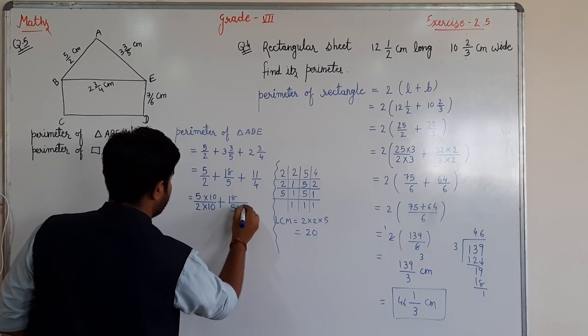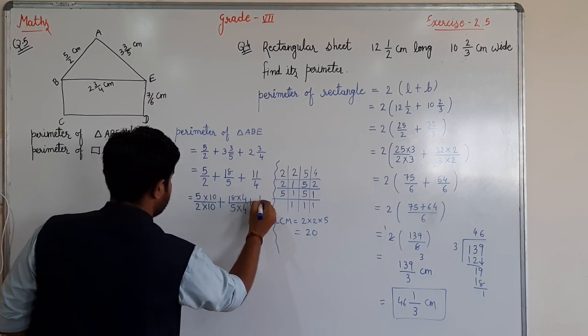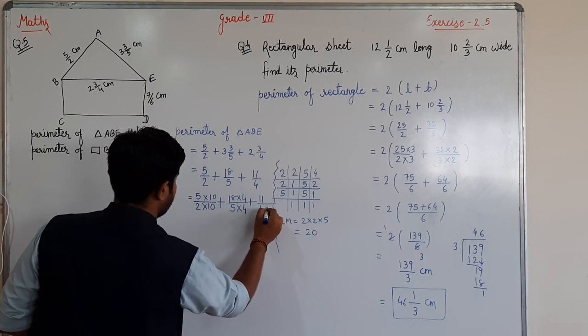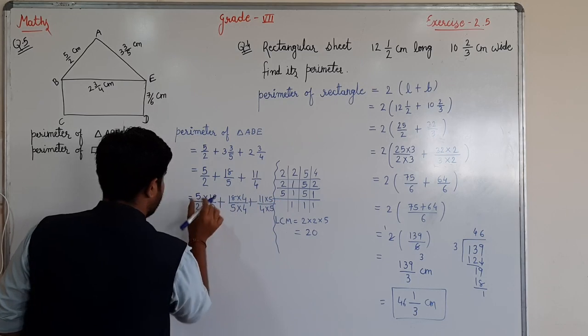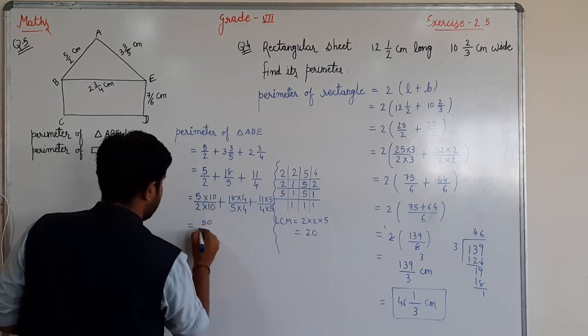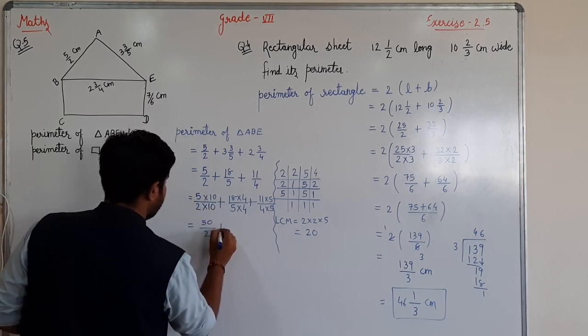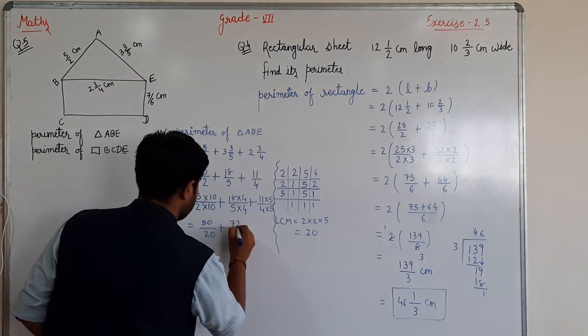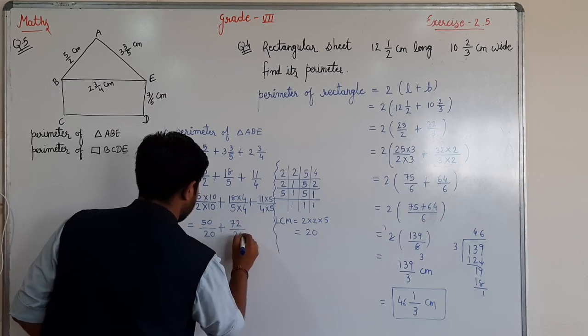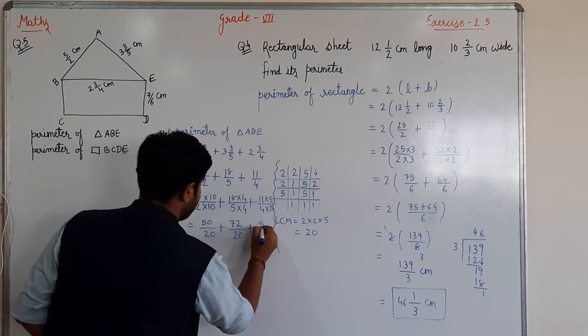We know that 5 4s are 20, so multiply the numerator also by 4: 4 18s are 72. And 11 upon 4: 4 5s are 20, so multiply the numerator by 5: 5 11s are 55.